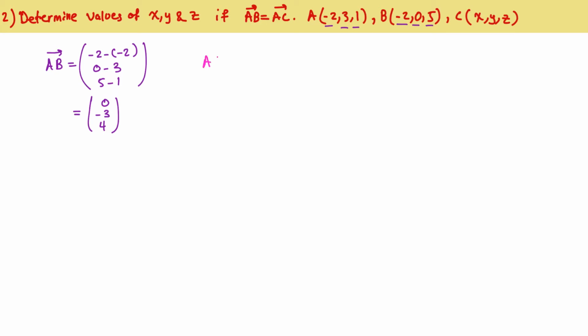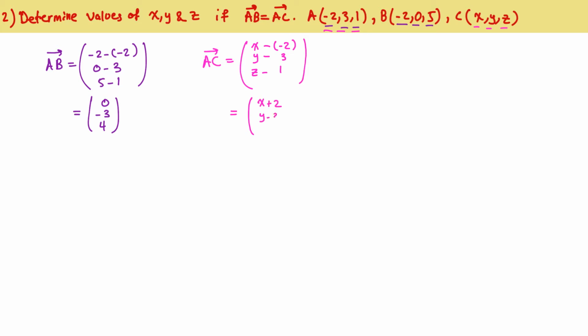Vector AC is going to equal the x, y, and z components of vector C, which are simply x, y, z, and I'm going to subtract the x, y, and z components of vector A, which are negative 2, 3, and 1. Once I have this, I'm going to simplify. x minus negative 2 is x plus 2.